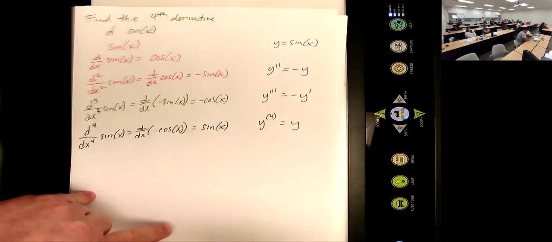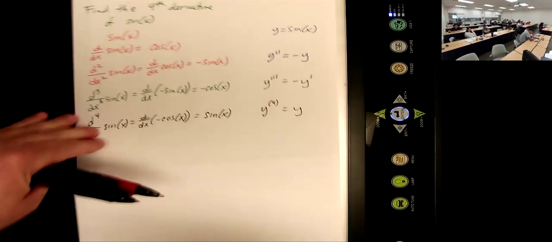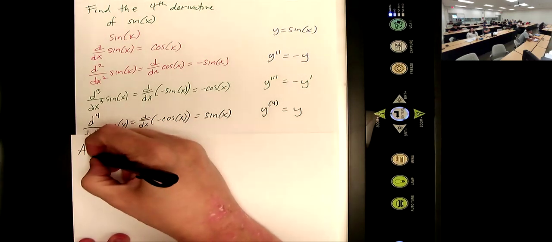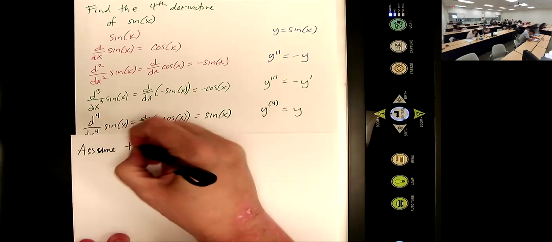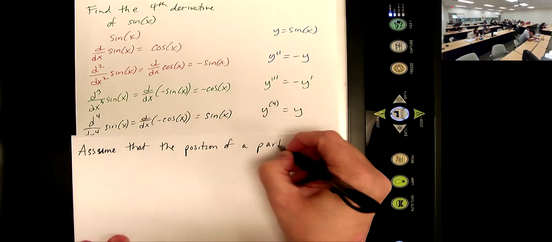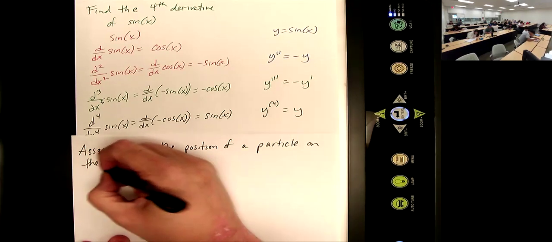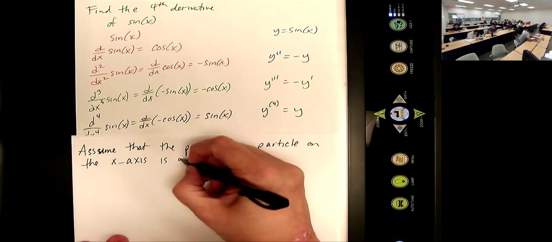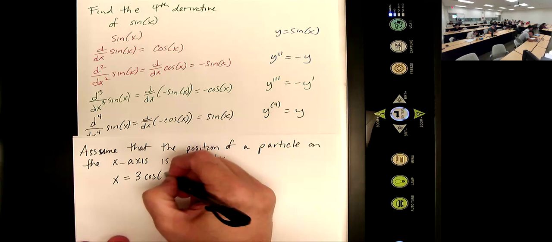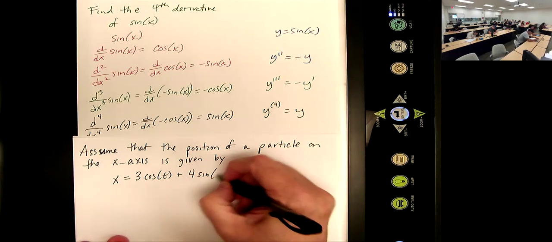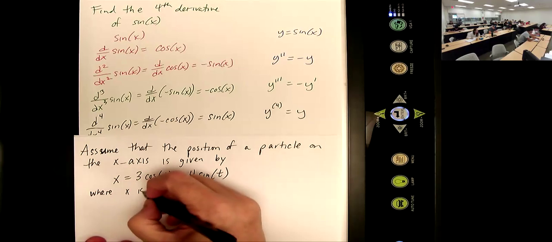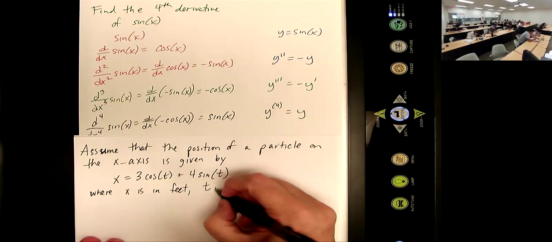One more problem for you. Assume that the position of a particle on the x-axis is given by x equals 3 cosine t plus 4 sine t, where x is in feet and t is in seconds.